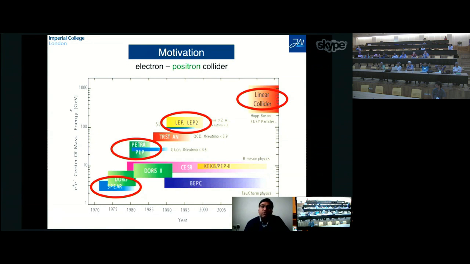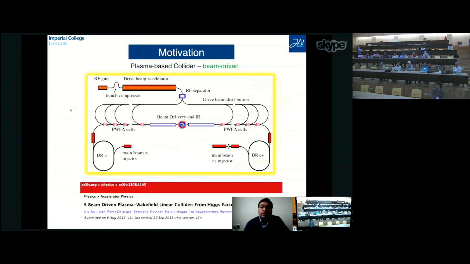To give you more specifics, there is a plasma-based collider design which uses the beam-driven plasma wave method. As you can see on this slide, this design is based on what is called staging multiple cells of plasma acceleration.